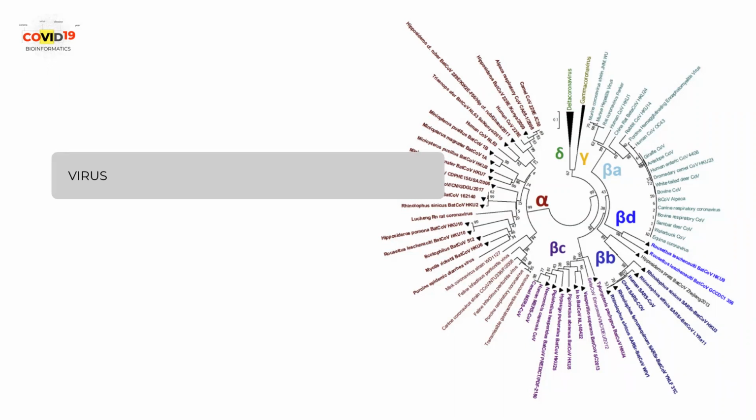There are also several beta coronaviruses, such as OC43 and HKU1. There's also MERS, SARS-CoV, and SARS-CoV-2, the novel coronavirus that causes coronavirus disease, also called COVID-19.